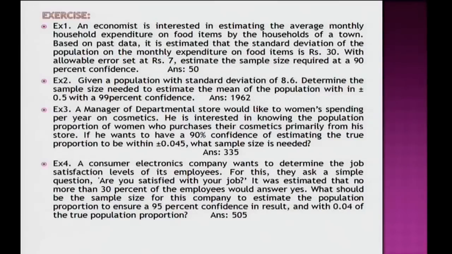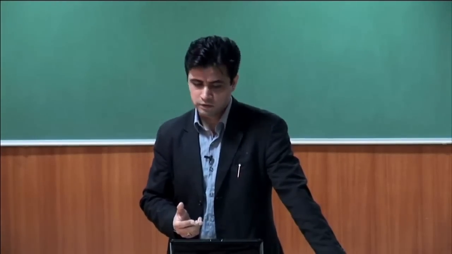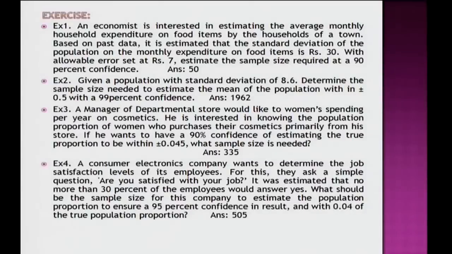So, 30% answered yes means proportion of people who answered yes is 30% and Q would be then 70%. P is 0.30, Q would be 0.70. What should be the sample size for this company to estimate the population proportion to ensure a 95% confidence in result and within 0.04 of the true population proportion.